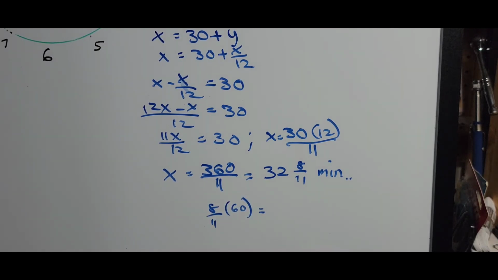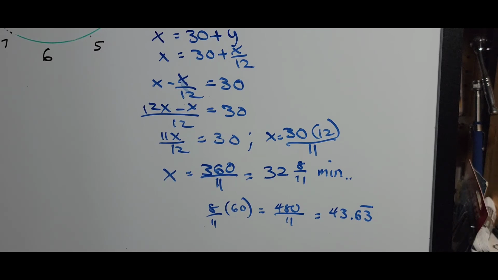It's 480 over 11. It's equal to how much? That's 43.63. That repeats, so I put the bar on top right there because of the repeating 636363 on the decimal place.